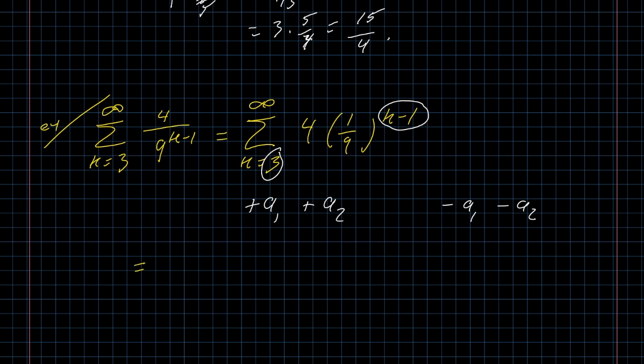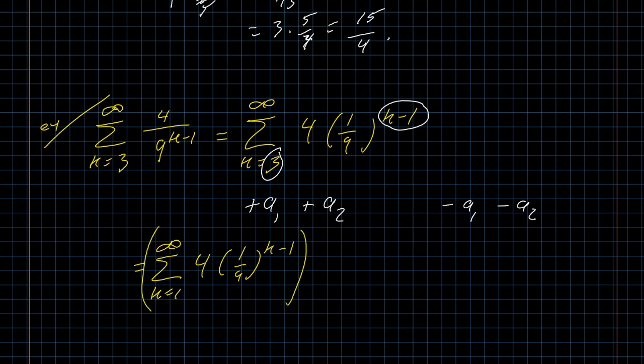And that's just going to be the sum, k goes from 1 to infinity, of 4 times 1/9 to the k minus 1. Right? The sum is already a3 plus a4 plus a5 and so on all the way to infinity. And if I add a1 and a2 to it, I can use the commutative and associative properties of addition, put them at the beginning and say a1 plus a2 plus a3 plus a4 plus a5 and so on to infinity.